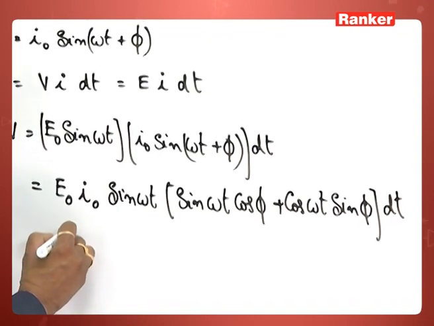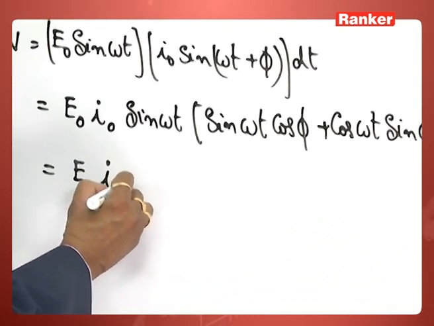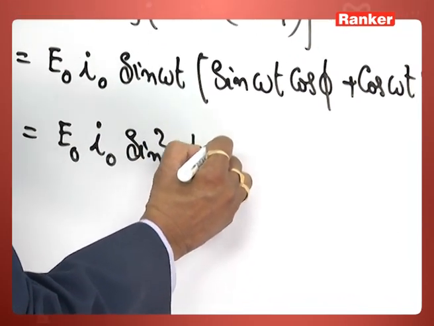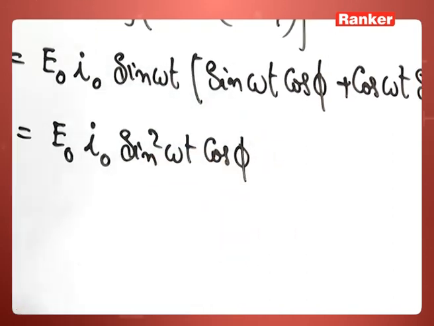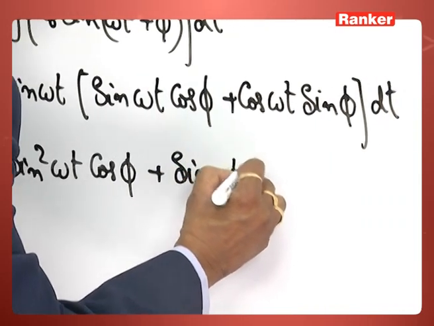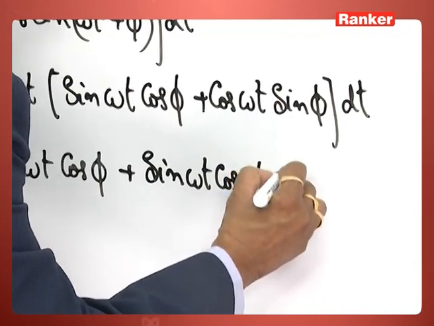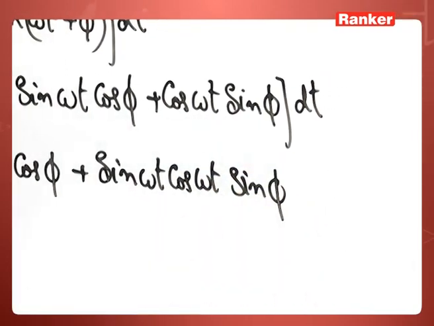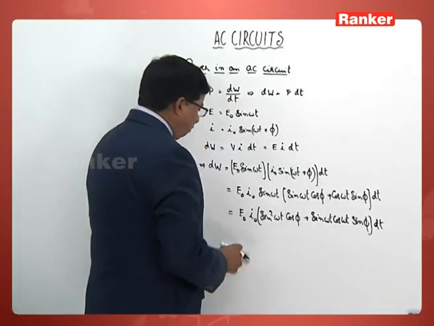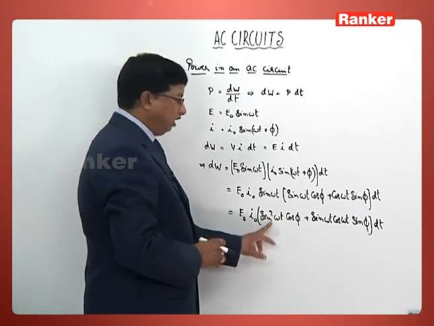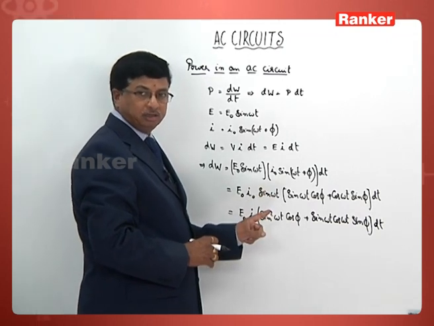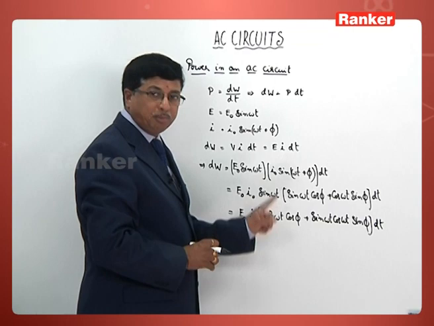We can rewrite the same as E naught I naught sin square omega t cos phi plus sin omega t cos omega t sin phi dt. But we can write sin square omega t as 1 minus cos 2 omega t by 2.